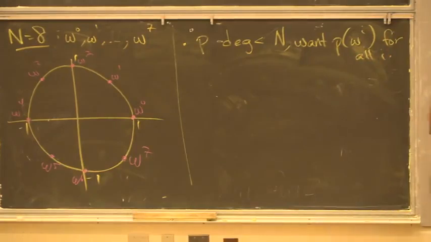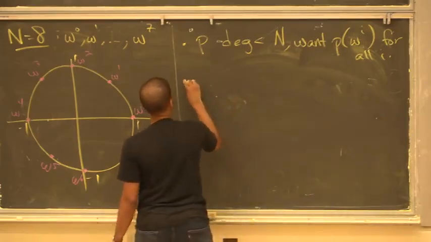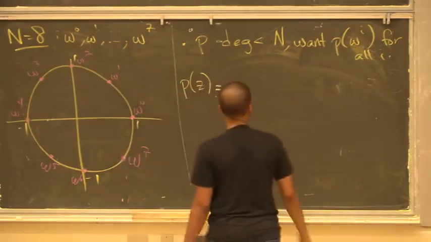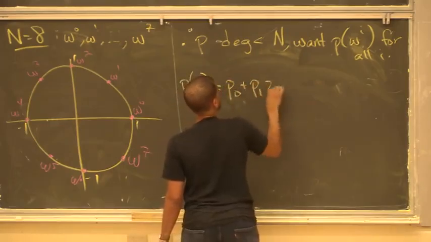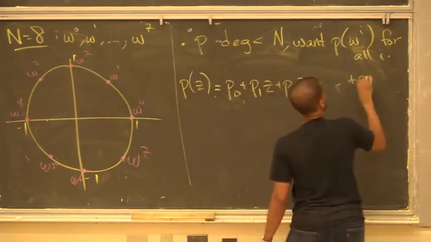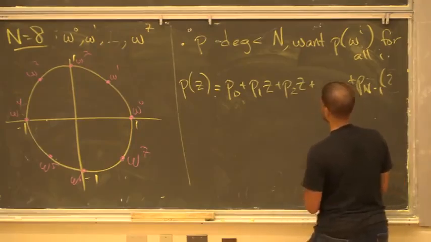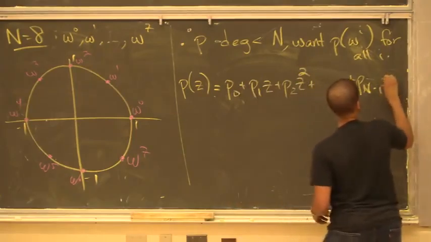So let's say p of z is p0 plus p1 z plus p2 z squared, etc., plus pn minus 1 z to the n minus 1.